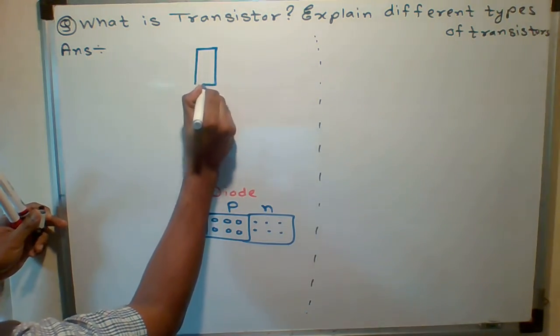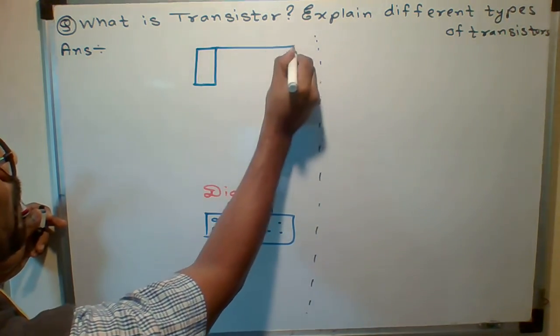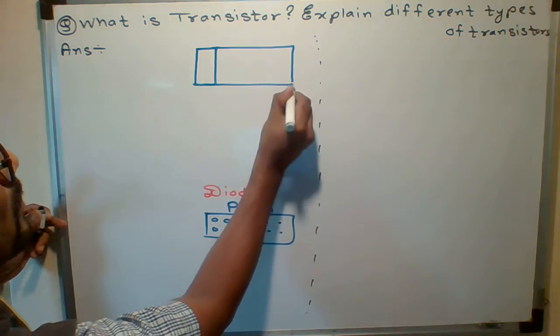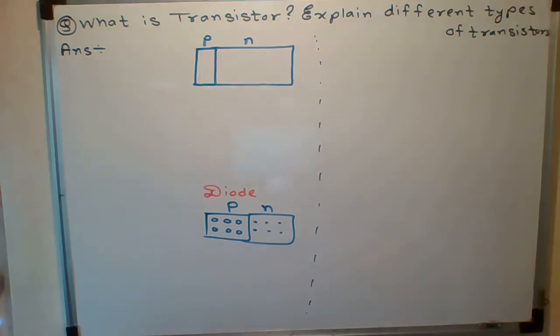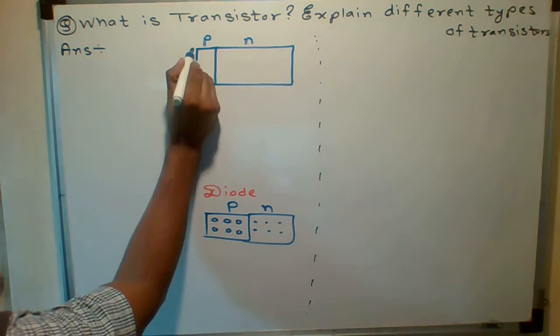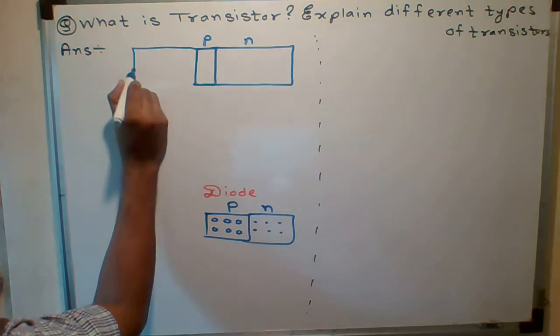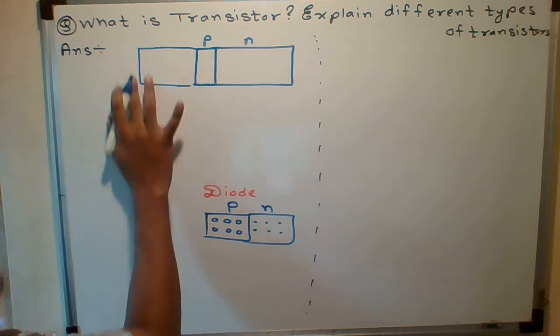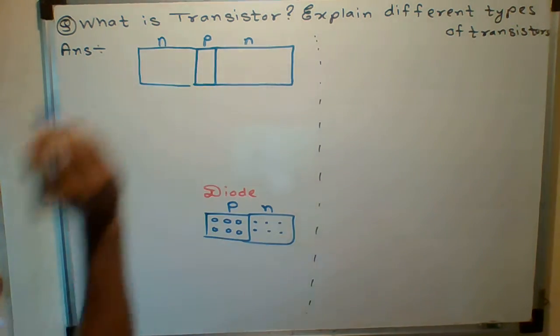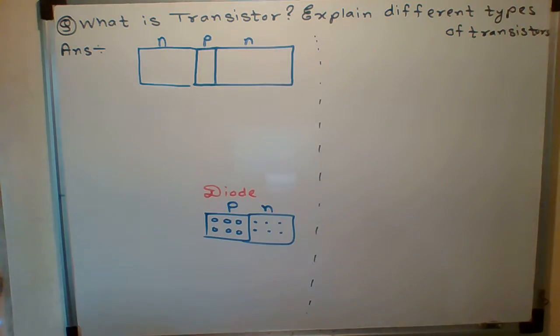Suppose this is a PN junction diode. And here you will observe a PN junction diode. But what do you observe over here?